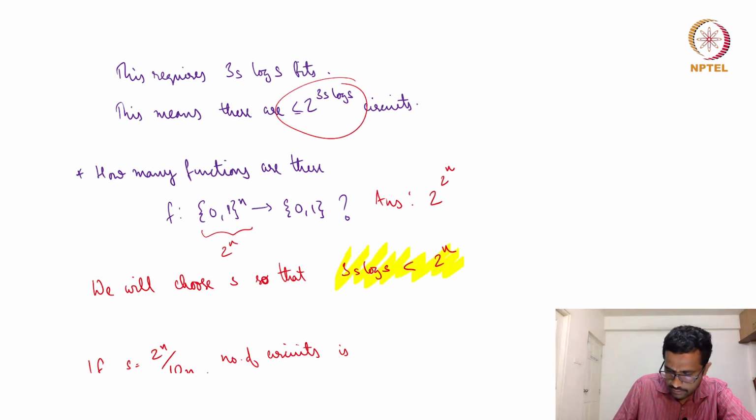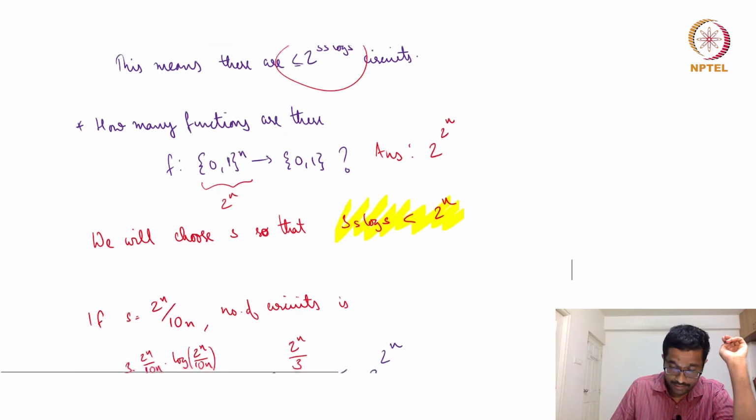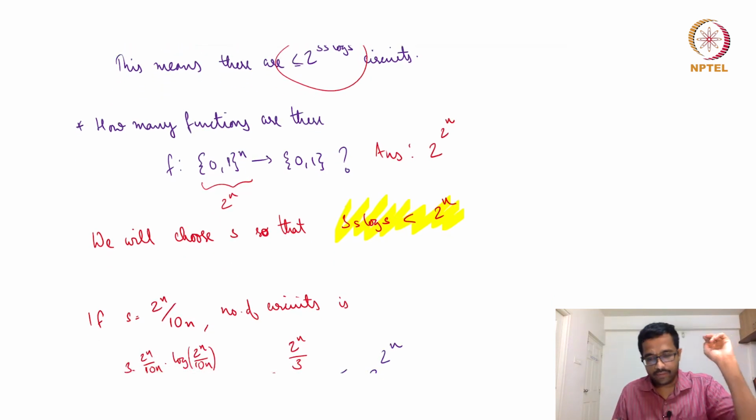This is going to be the key thing: 3S log S strictly less than 2 power n, which means that for that size there are only this many circuits, so it cannot possibly compute all the functions from {0,1} power n to {0,1}.